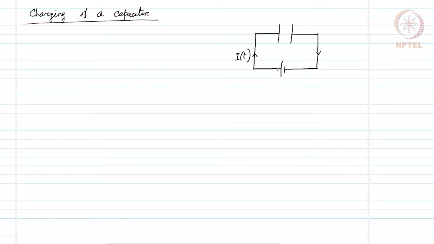Now, the current is flowing through the wire, but not through the capacitor, because in between the capacitor plates we have some dielectric material that does not allow any current to flow through it. And now let us consider an Amperian loop like this.